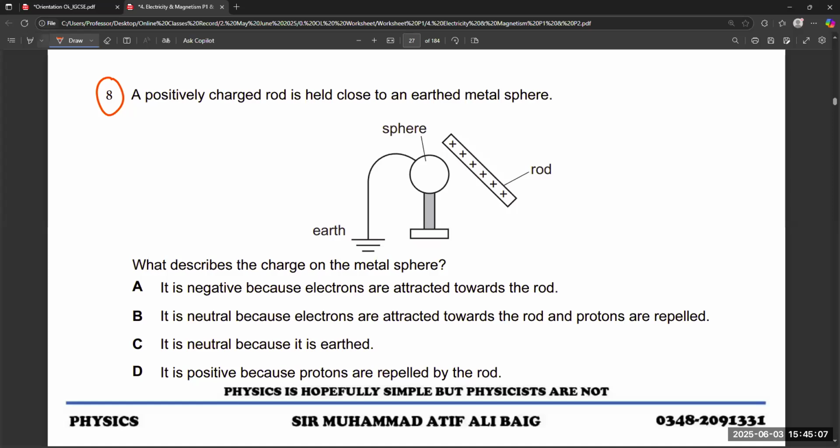A positively charged rod is held close to an earthed metal sphere. What describes the charge on the metal sphere?